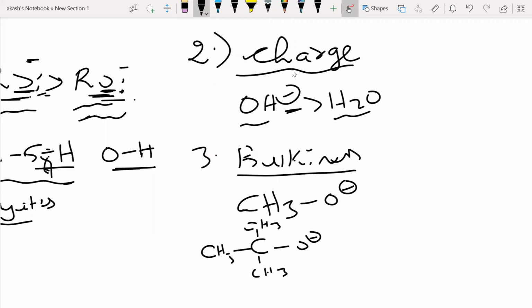Now both are alkoxides, right? But you see, this is very less bulky. This is so much bulky. So definitely this would have been a better nucleophile than this one, right? Okay, so bulkiness I would say is inversely related to nucleophilicity. Now this is pretty logical, isn't it? A smaller nucleophile, or say a less bulky nucleophile, will tend to move faster and go attack a substrate faster, so it is a better nucleophile. Okay, so that is the third criteria.